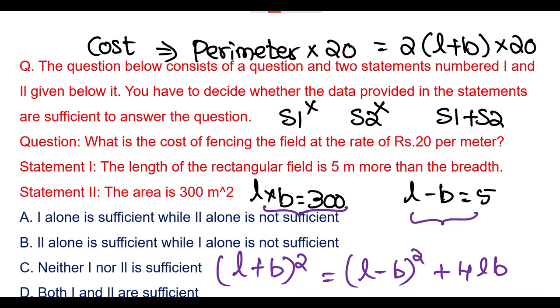You can calculate L plus B. I don't want L and B individually also because my requirement is 2 into L plus B into 20. So your answer should be both statements together are sufficient to answer this question. Right? Not alone, together is required. Clear with this?